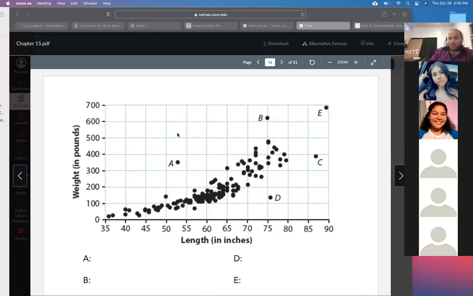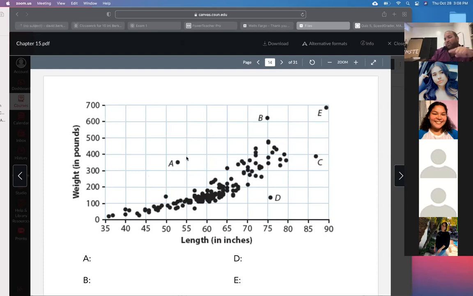Is it an outlier when it comes to weight? Well, why? All these guys have the same weight and they're not outliers. Right? When it comes to weight, it's no different than all these ones, isn't it? Yeah, you're right. So its length is perfectly fine. Its weight is perfectly fine.